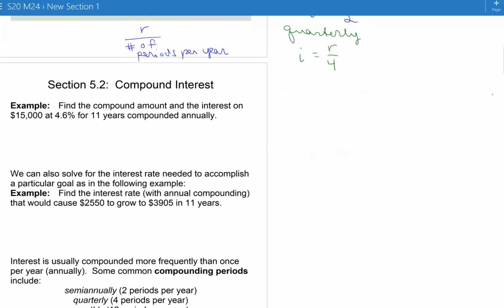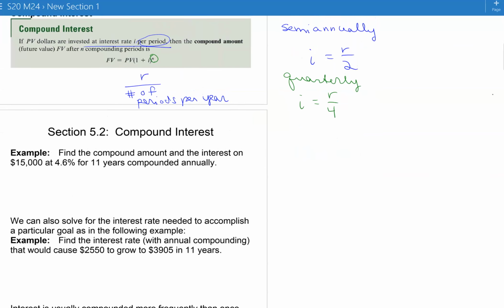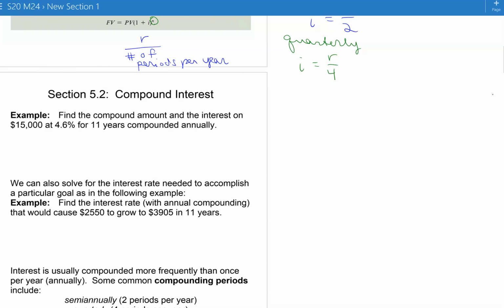So let's do an example of this, and let me keep the formula where you can see it. So the future value of $15,000, where we're now compounding, so we have 1 plus the interest rate, which is 4.6%, and it's compounded annually. So then I equals R. We need the R as a decimal though, 0.046.